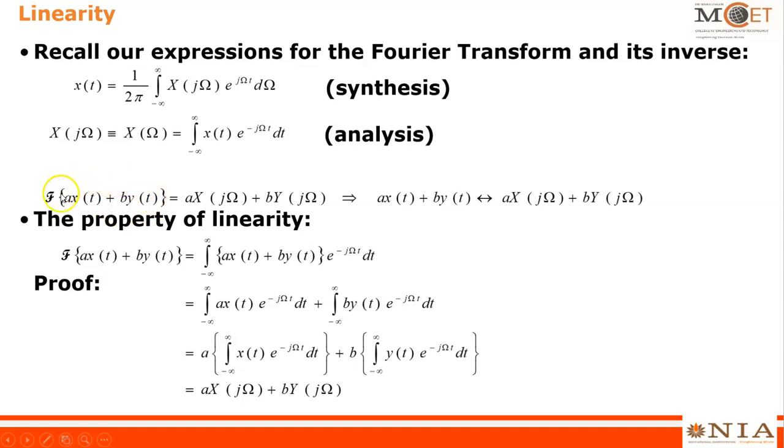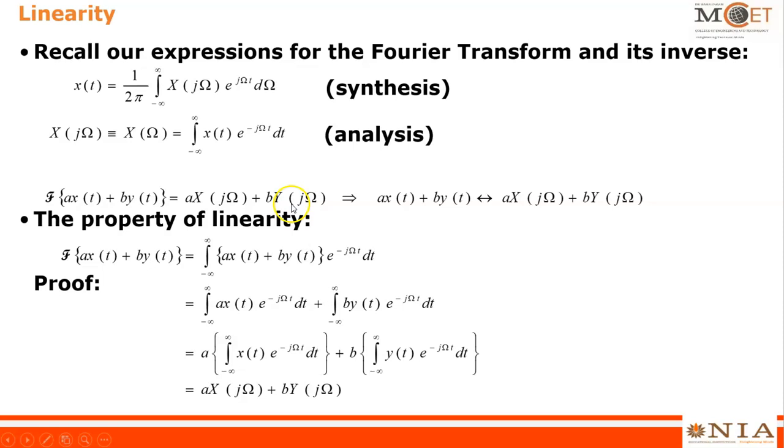Now we are applying the Fourier transform to the added function here. If we simply apply Fourier transform to x of t, we will get a X of j omega. Followed by if we simply apply Fourier transform to y of t, we will get b Y of j omega. So here, if we apply Fourier transform to the added function, we will get some other function that must be equivalent to the addition of individual Fourier transforms of a x of t and b y of t.